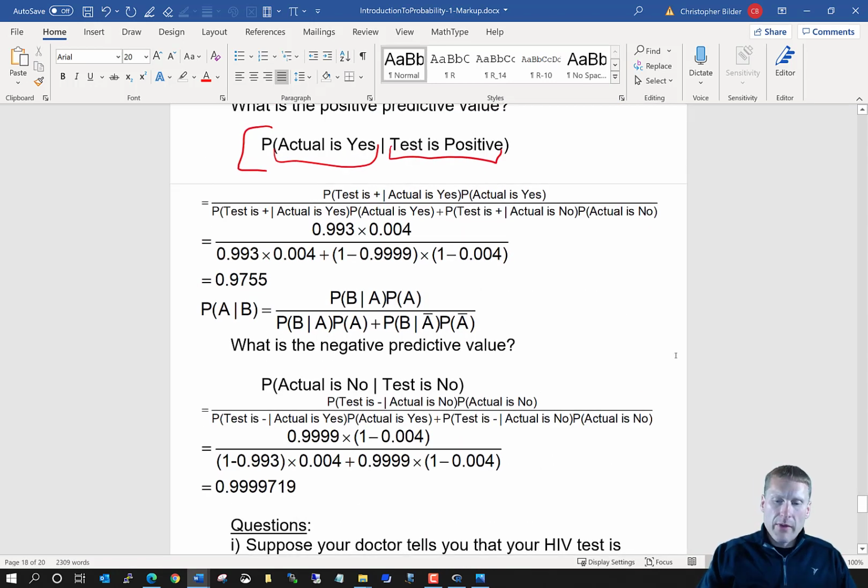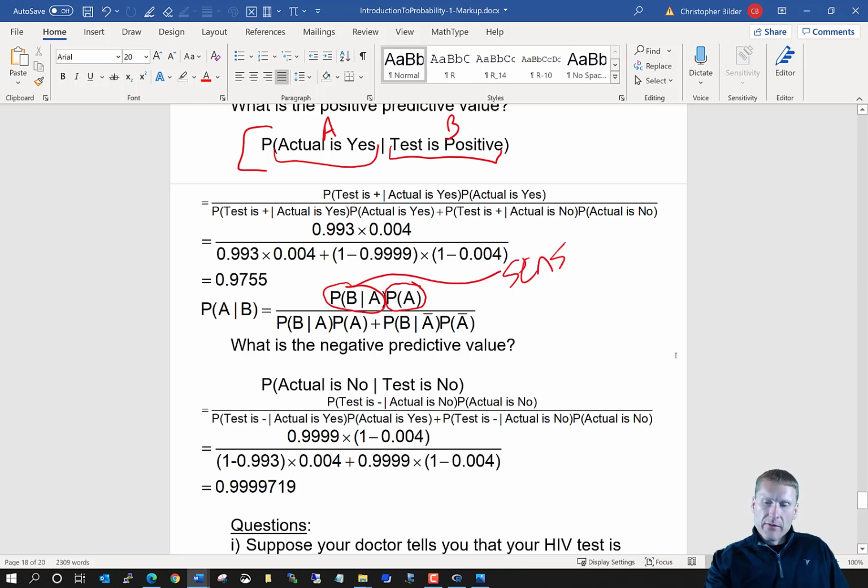What we could do now is think of actual is yes, test is positive as B. Now we know the probability of A, the probability actual is yes. It's 0.004 based upon this information from the CDC. We also know the probability of B given A, which would be the sensitivity, 0.993.